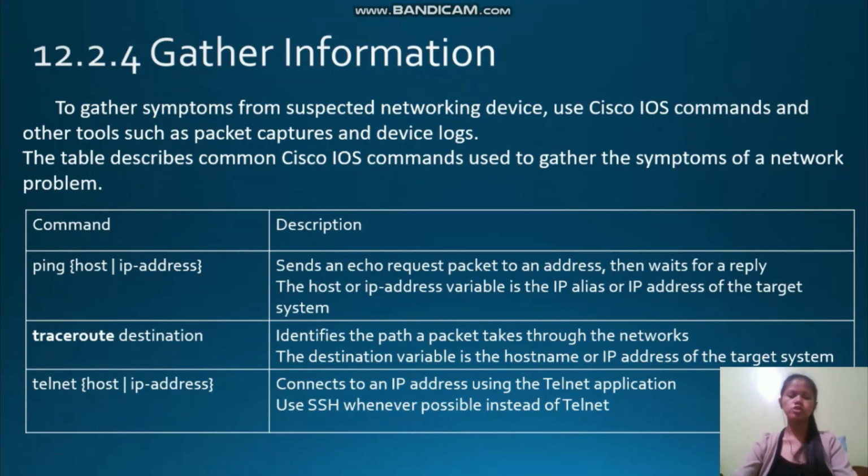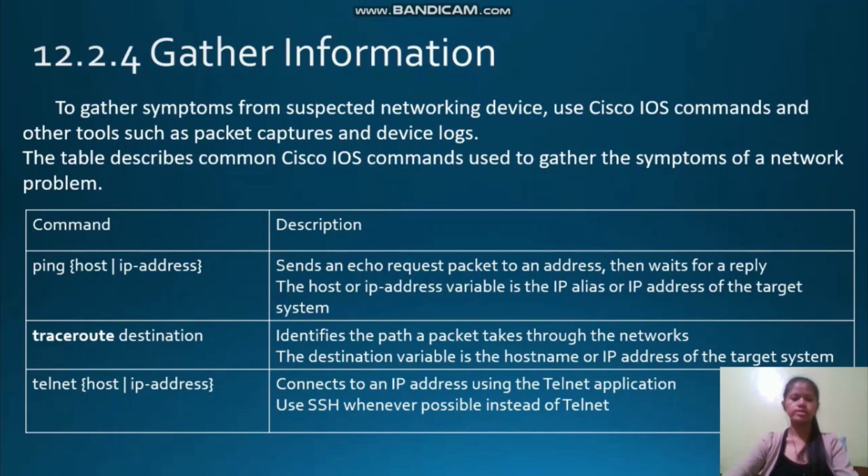Gather information. To gather symptoms from a suspected networking device, use Cisco IOS commands and other tools such as packet captures and device logs. The table describes common Cisco IOS commands used to gather the symptoms of a network problem.